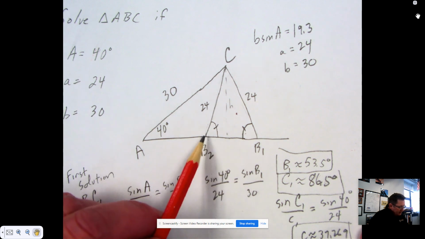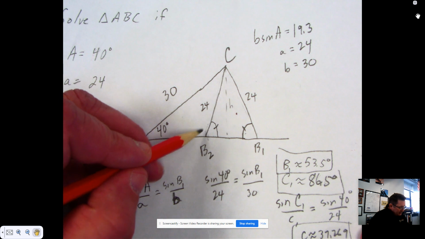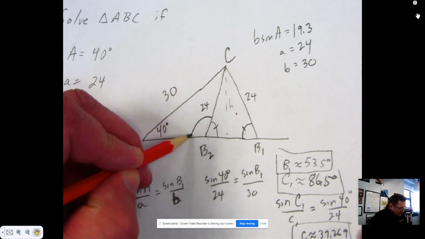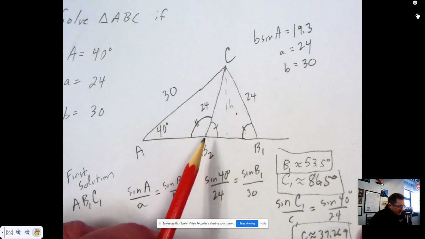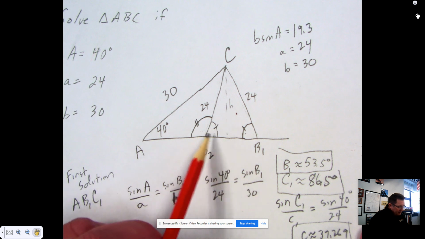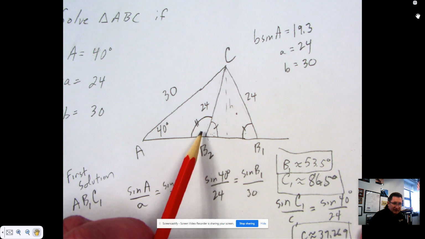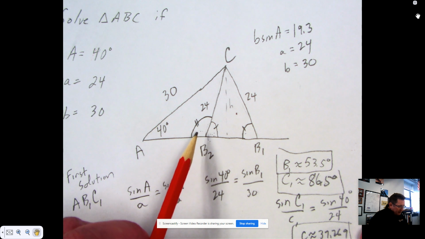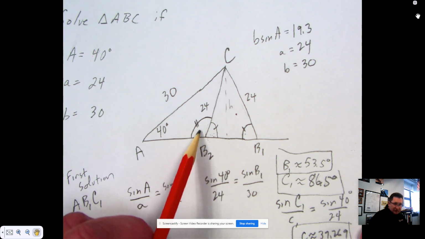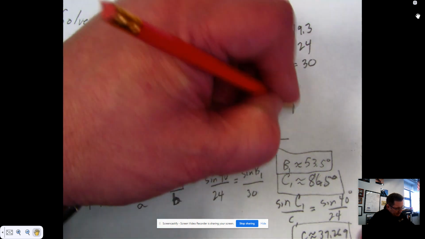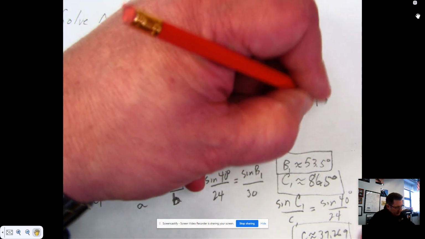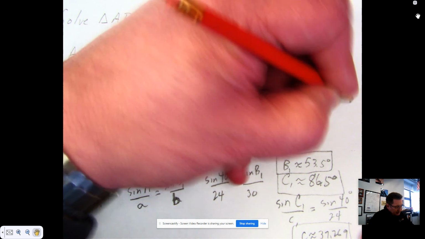The one we really are interested in is this one right here. Please notice that these two angles I'm pointing at have to add up to 180. Therefore, this one and this one have to add up to 180, which means that B2 is equal to 180 minus B1.